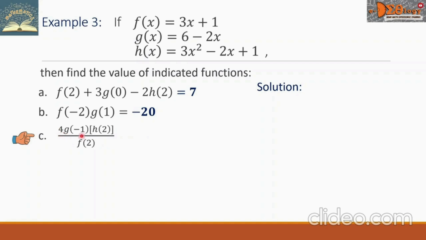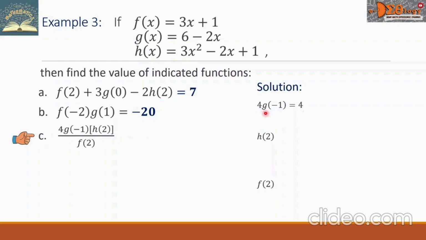4 times g of negative 1 times h of 2 all over f of 2. Let us simplify 4 times g of negative 1, also h of 2, and the f of 2. Let's begin with the first. Now the constant we simply copy.